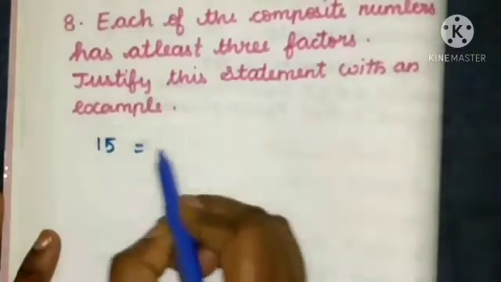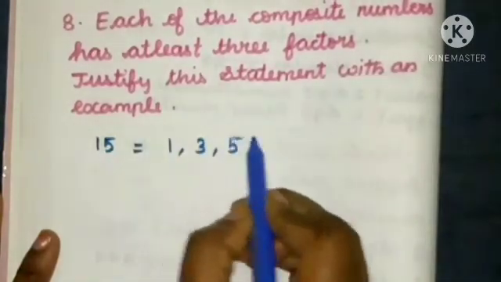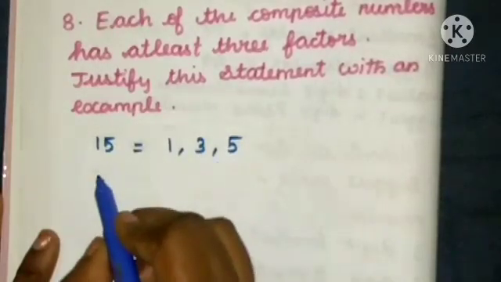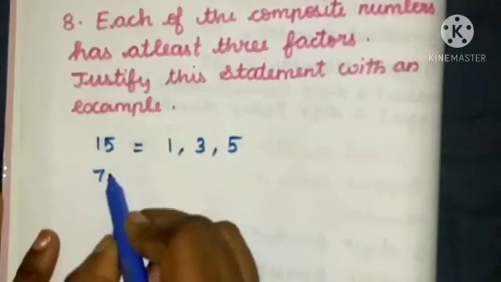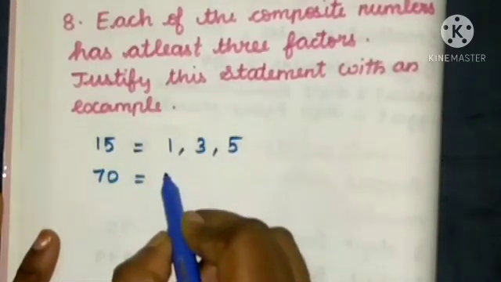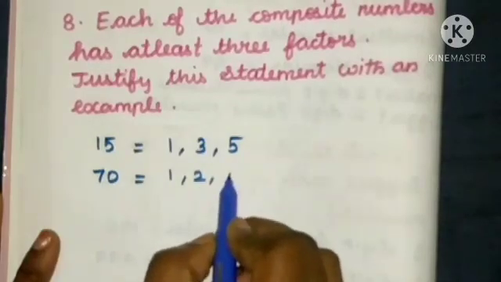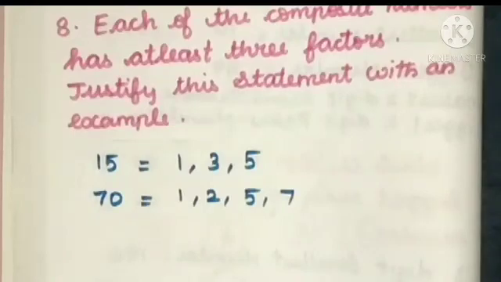Let's write the factors of 15: 1, 3, 5. Then one more example, 70. 70 has more than 2 factors: 1, 2, 5, 7. Hence we justified that each composite number has at least 3 factors.